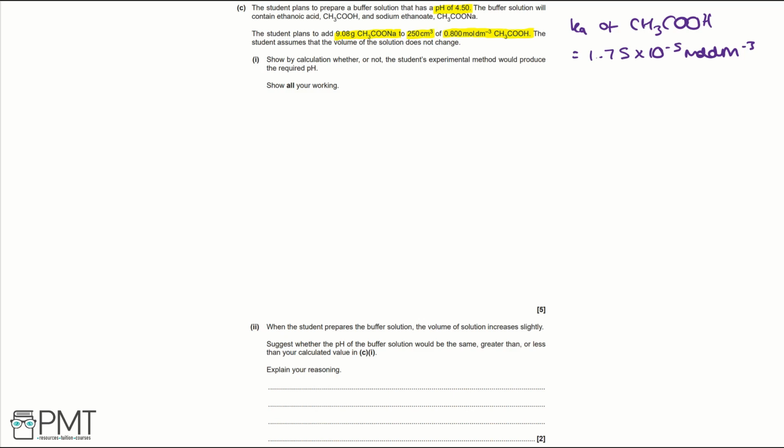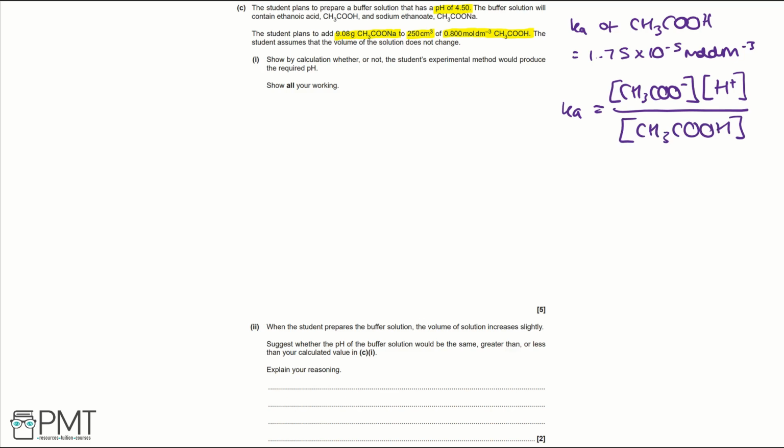If we write down the equation that links Ka and concentrations, that would be Ka equals the concentration of CH3COO minus, or the salt, and then H plus, over ethanoic acid, CH3COOH.